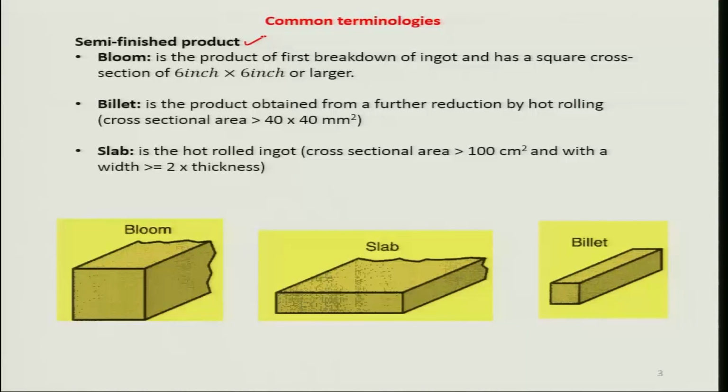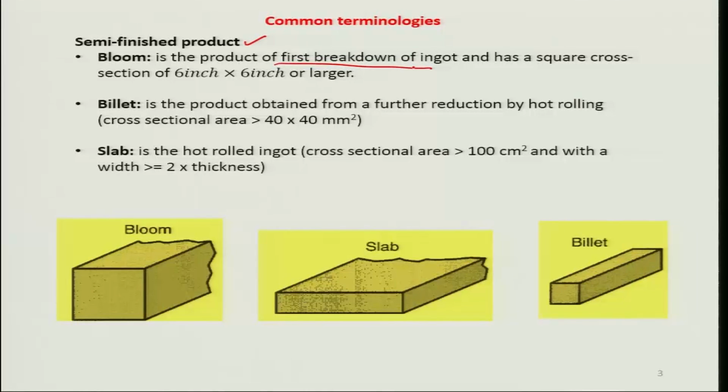In fact, from a casting or steel industry, what is produced as an output is either an ingot or a first breakdown of the ingot, which is known as a bloom. Here, for example, it shows a cross-sectional area of probably 6 inch by 6 inch or larger. So this is how the raw metal comes out, as an ingot or a breakdown of an ingot, which is a bloom.